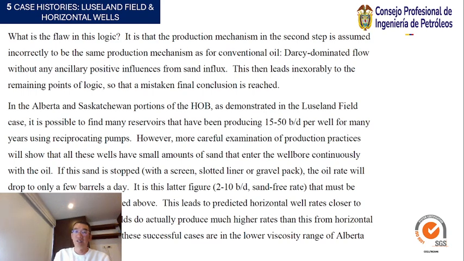as demonstrated in the Luseland field case, it is possible to find many reservoirs that have been producing 15 to 50 barrels per day per well for many years using a reciprocating pump.